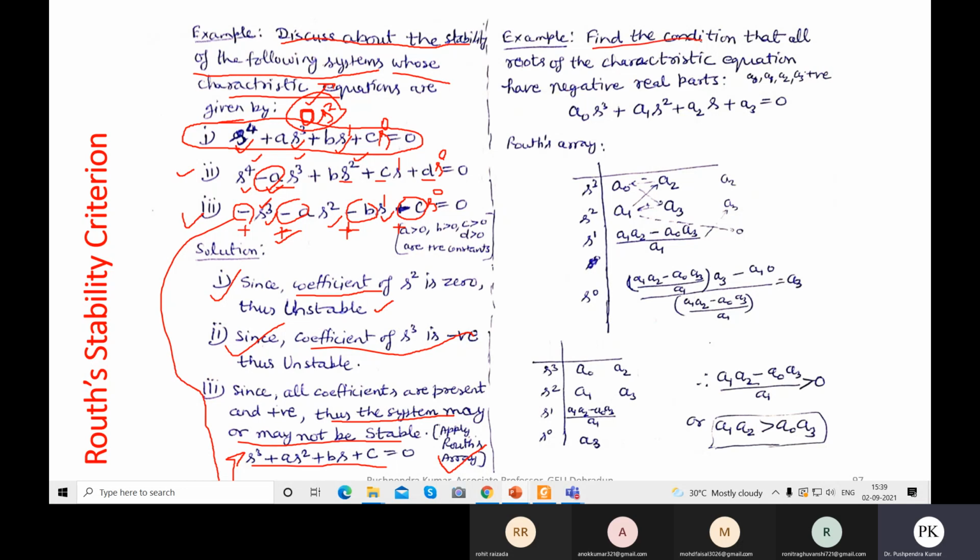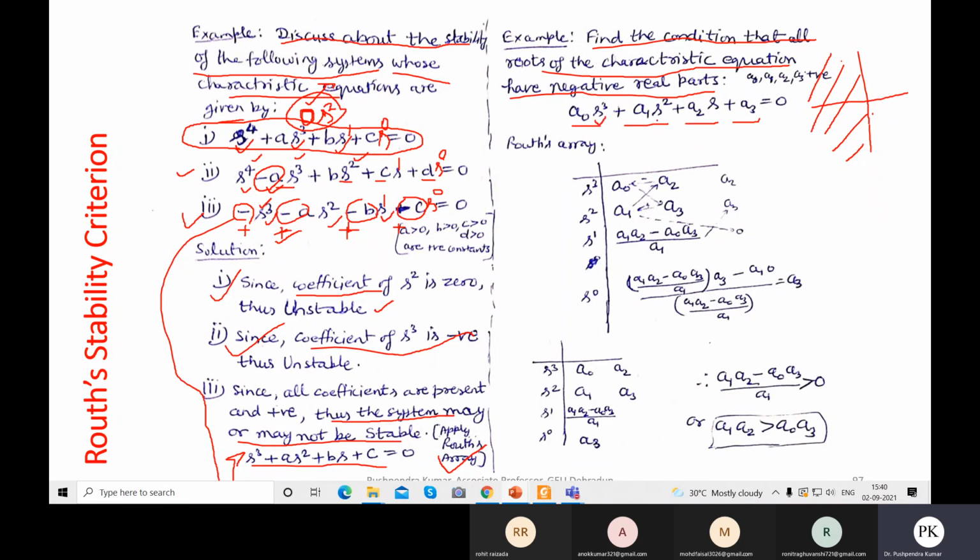Let's see another example. Find the condition that all roots of the characteristic equation have negative real parts. This is the equation: a0 s^3 + a1 s^2 + a2 s + a3. He is asking that all roots of this equation have negative real parts, meaning all are on the left side of the imaginary axis. What is the condition for negative real parts? First, we check the powers of s.